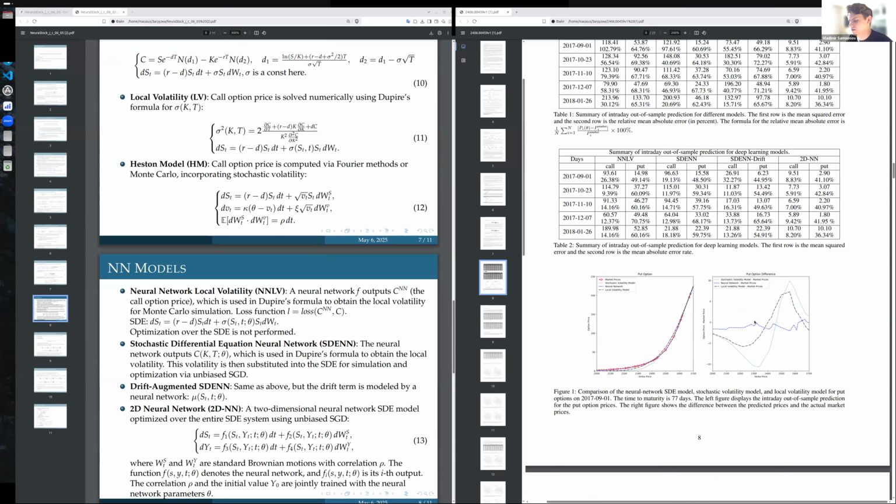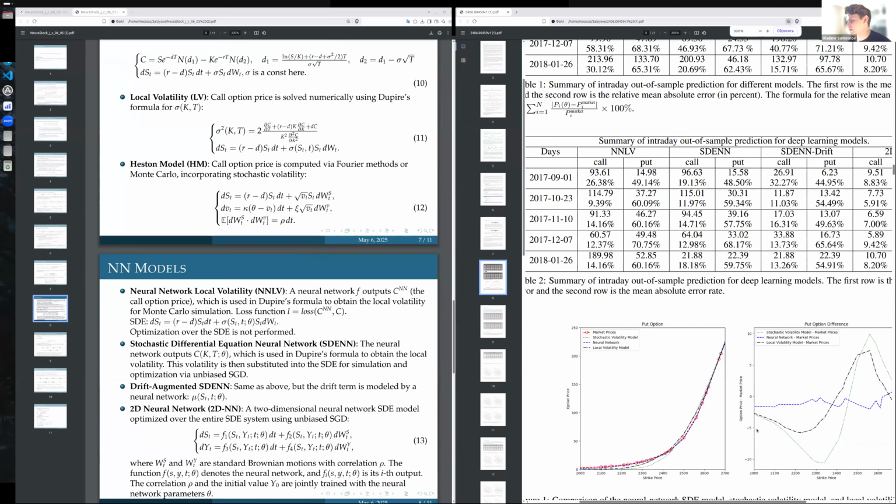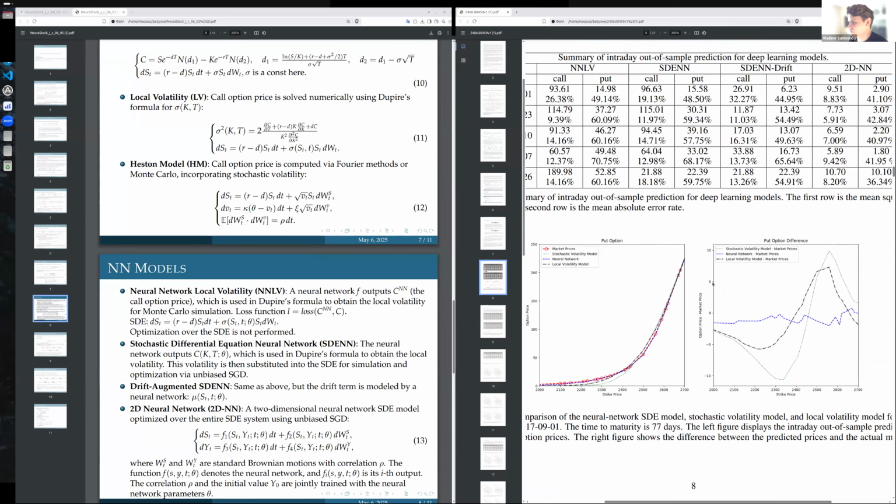So what are the axes there? I cannot see. On the y axis is the option price minus market price, so it's the error. And on the x you can see strike price. So it's different types of derivatives. Different types of derivatives have different strike prices.